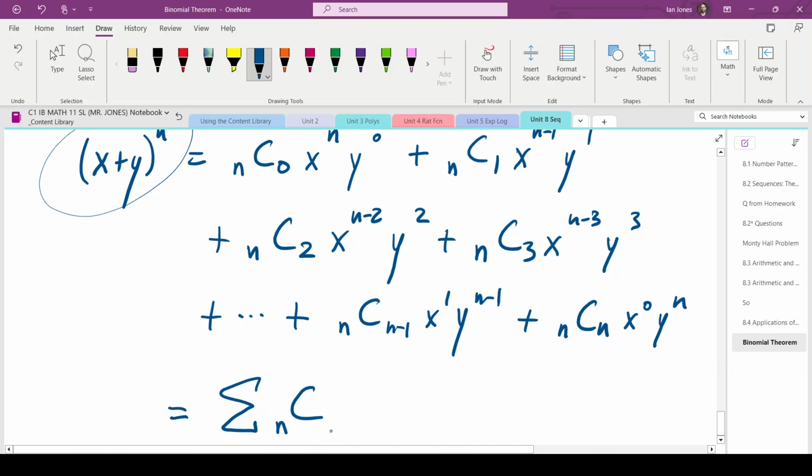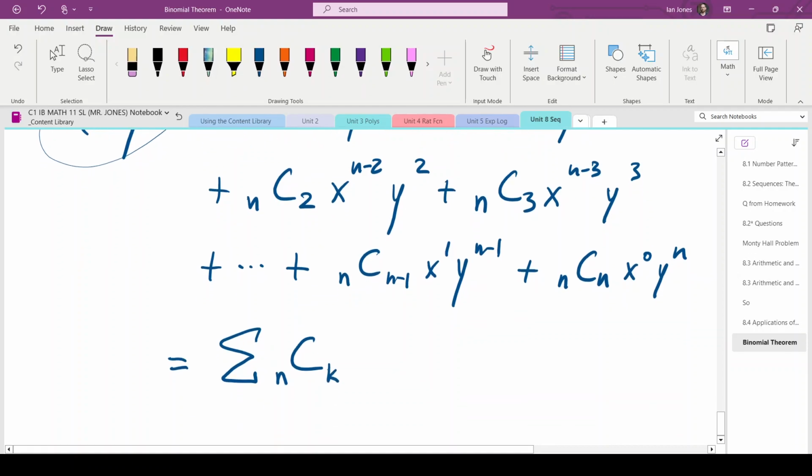It starts at 0 and it goes up 1 by 1 by 1. Okay? So I'm going to call this, now I want to be consistent here, I'm going to call this k. And I'm going to go from k equals 0 up to n.